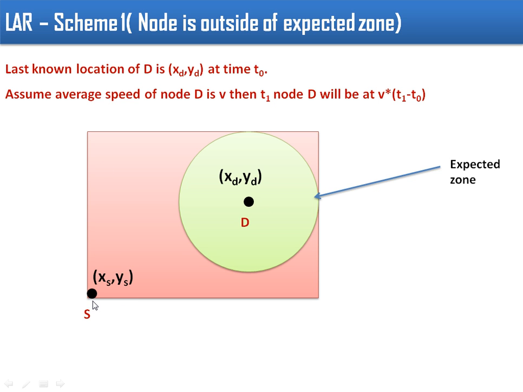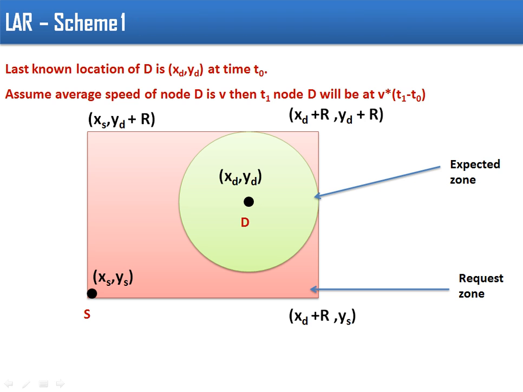When S sends this route request packet to its neighbors, how is it going to specify the request zone? It will include the four coordinates of this rectangle.